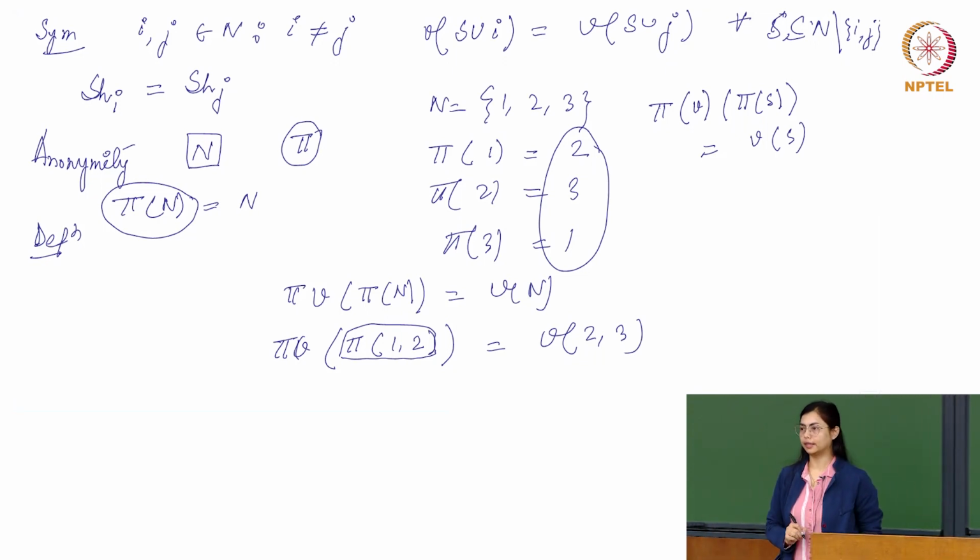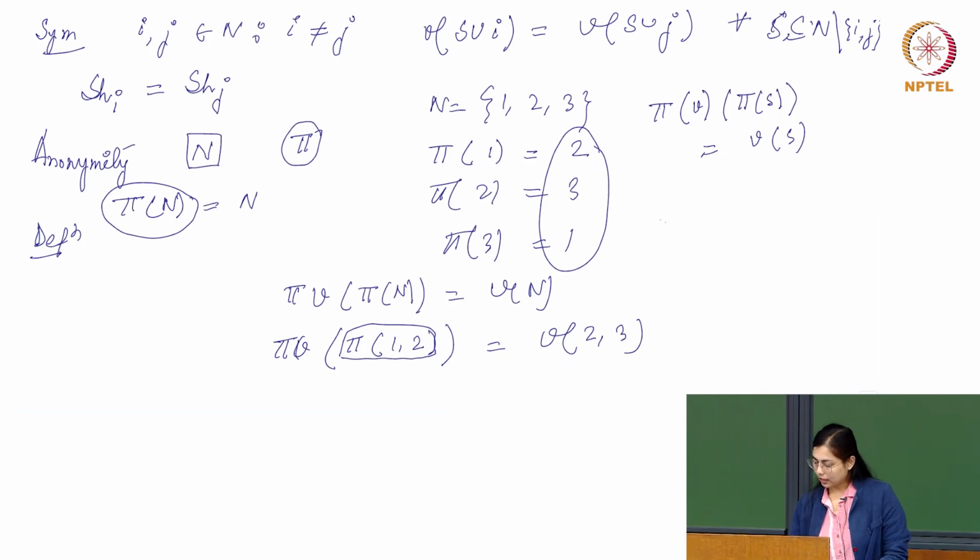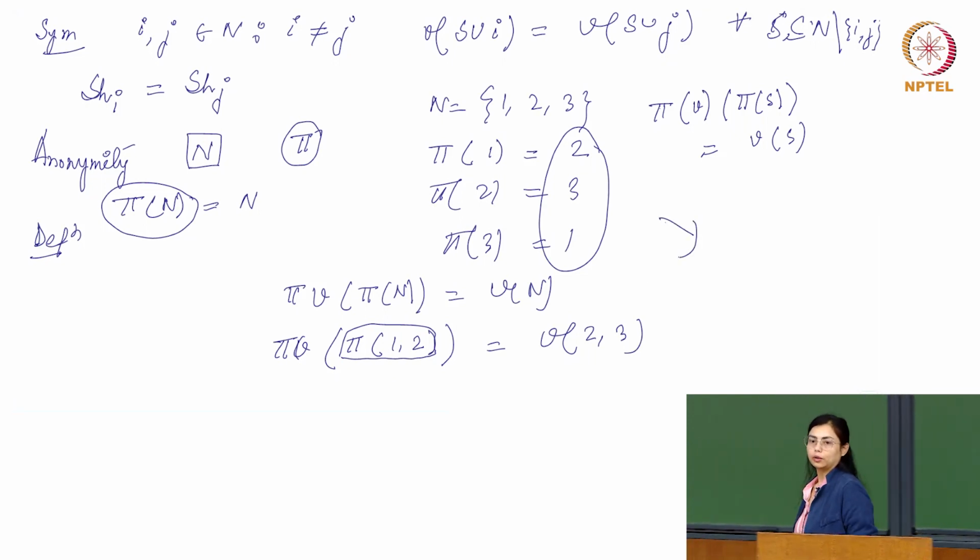Like that, we define the game. So now, what would be the Shapley allocation here?